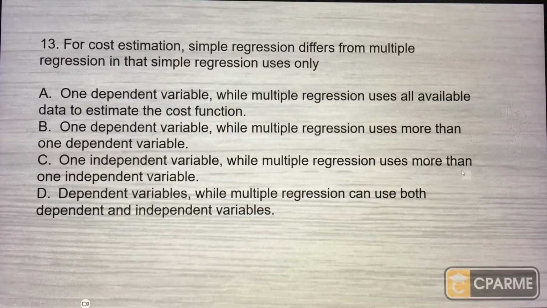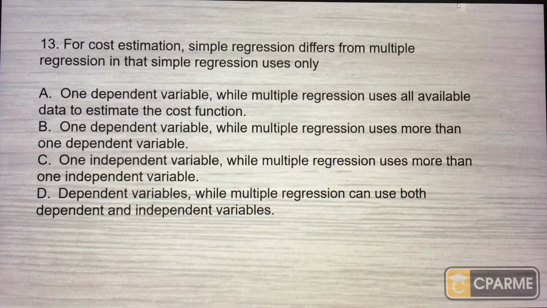Okay. For cost estimation, simple regression differs from multiple regression in that simple regression uses only A, one dependent variable, while multiple regression uses all available data to estimate the cost function; or B, one dependent variable, while multiple regression uses more than one dependent variable; or C, one independent variable, while multiple regression uses more than one independent variable; or D, dependent variables, while multiple regression can use both dependent and independent variables.